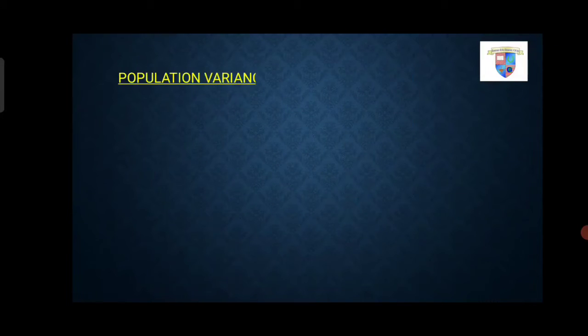Okay, so let's first get the population variance. The summation of x minus mu equals 0, and the summation of x minus mu squared equals 18. So we have here the formula of population variance: sigma squared equals summation of x minus mu squared over n.